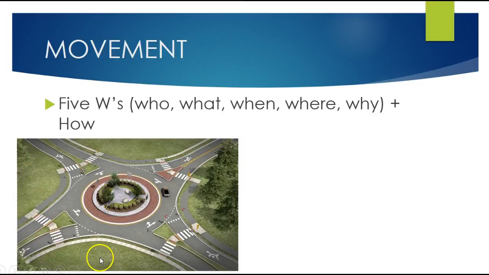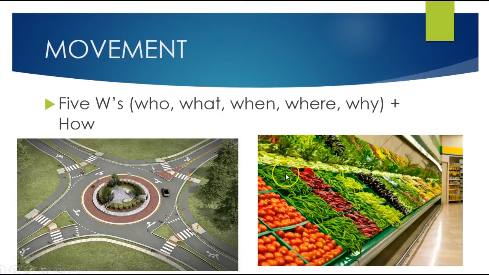This is a picture of a roundabout. Have you ever been through a roundabout before? A lot of people say that because you don't have to stop at a stop sign, even though you're moving slowly, it helps to keep the traffic moving, and that makes our lives better because we're a little bit happier when we're moving.